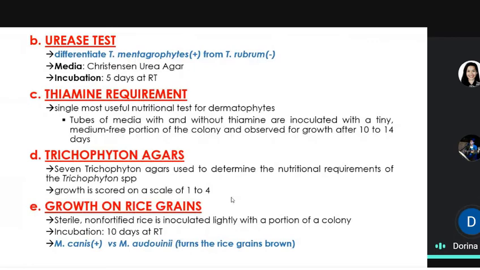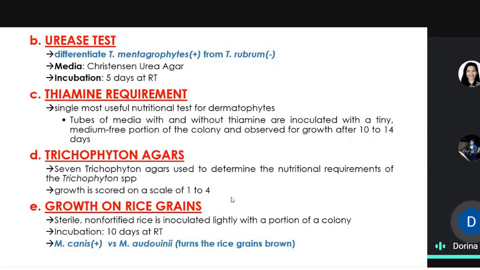Now, but growth on rice grains naman is, you try to inoculate again yung rice grain ng colony. Titignan mo kung tutubo na naman siya doon sa rice grain or hindi. Like for this here, we have that canis grew on the rice grain. Si Odini, hindi siya nag-grow, walang growth.